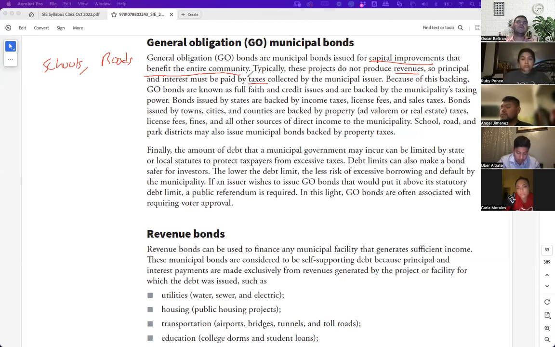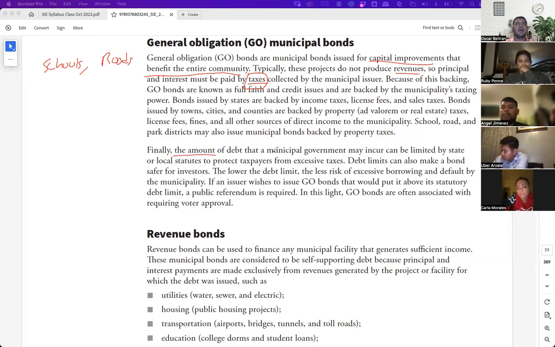Okay, because they're backed by taxes, that means we're going to need voter approval if it goes above a certain limit. Let's go here. Here it is.